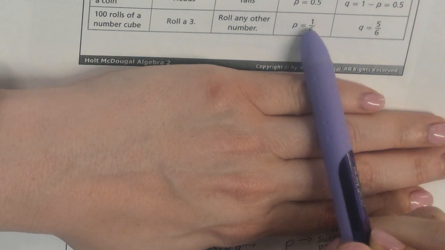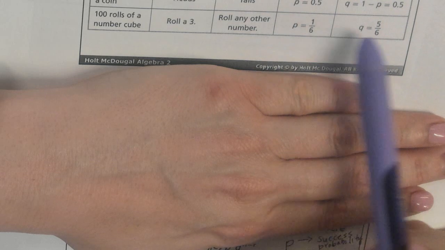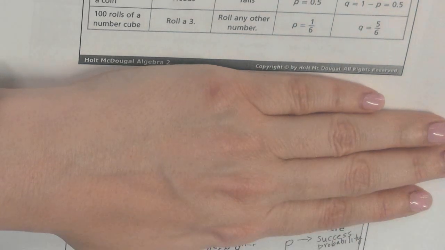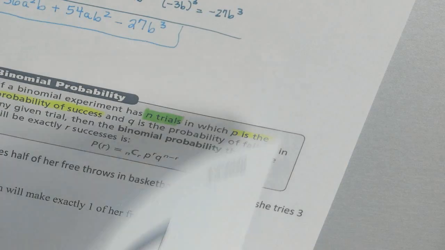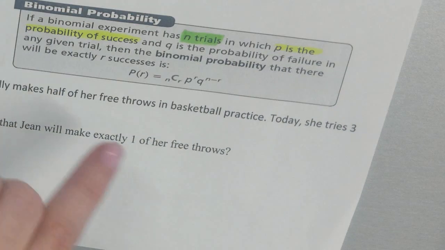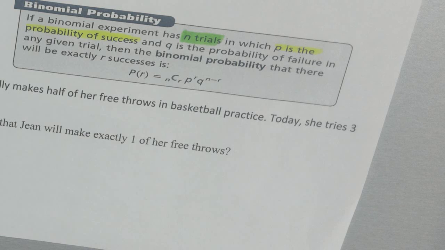And then again, together, that probability has to add up to what? 1. Because that's 100%. That's the whole. Okay? Alright, so they tell you P is the probability of success. What is the variable for failure?